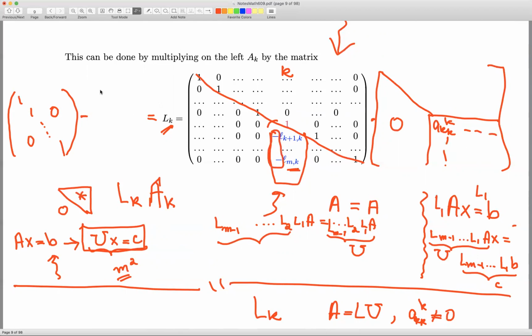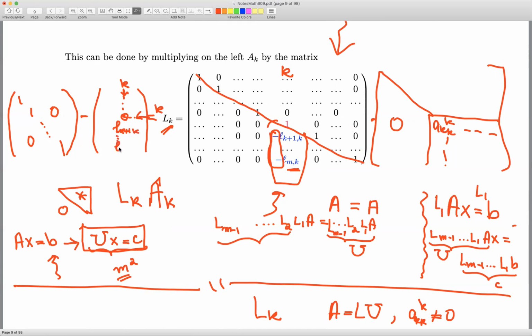And then I will write the matrix that has zeros everywhere, except that if this is column k and this is row k, it will have 0 on the main diagonal, and below it will have the l's, l_{k+1,k}, and so on.